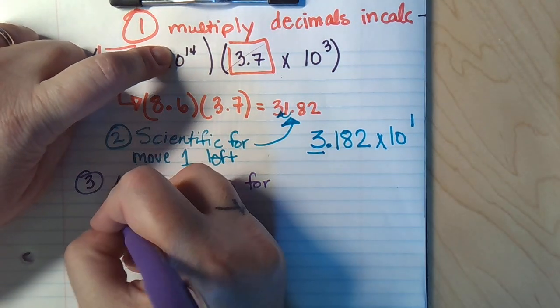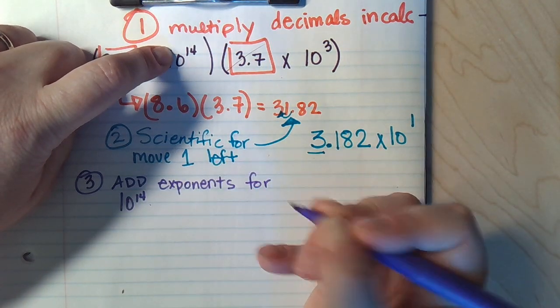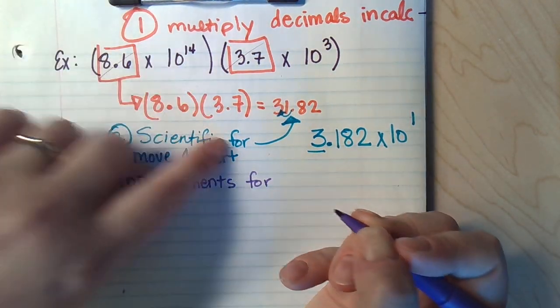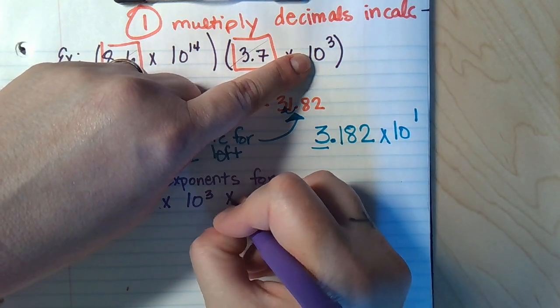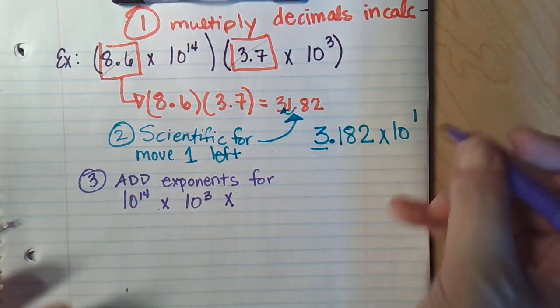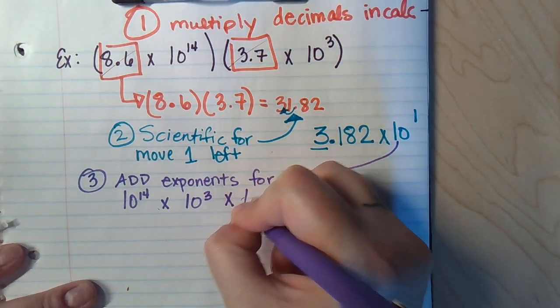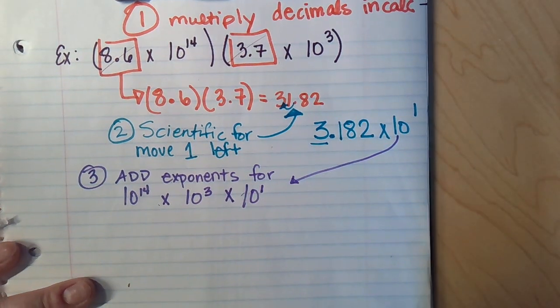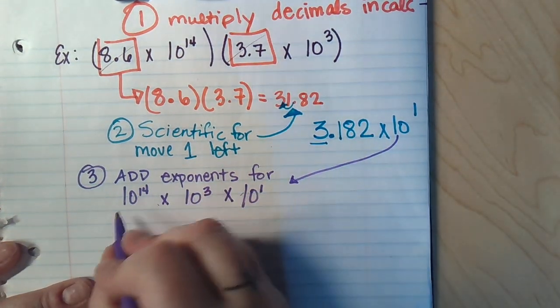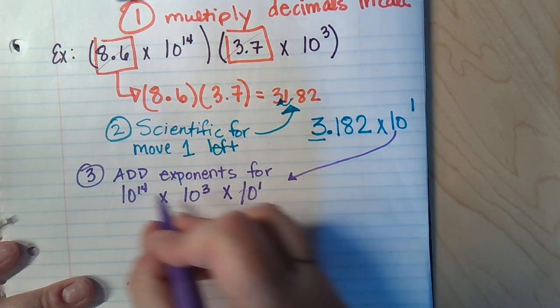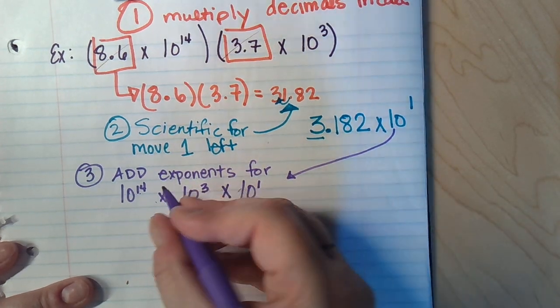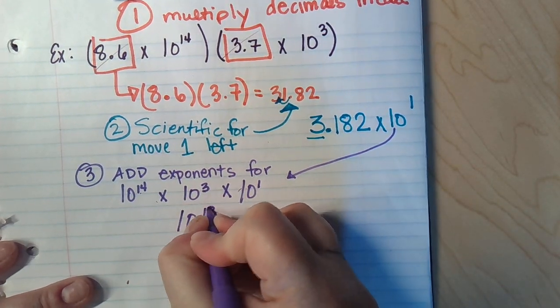So I have a 10 to the 14, and we have to multiply it with, here's a 10 to the 3, and then we have to multiply it with this 10 to the 1. Yeah. So we add all those exponents, and you get 14 plus 3 is 17, plus 1 is 18, so 10 to the 18.